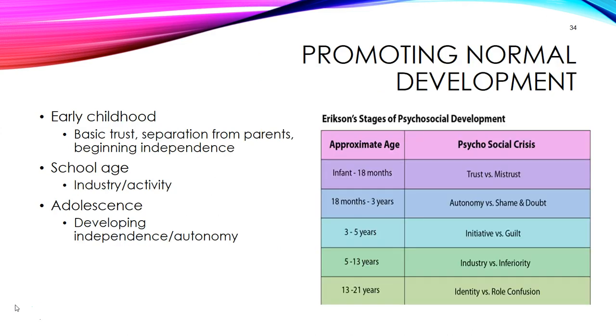So here is a list of the psychosocial stages of Erikson's, just as a reminder. You're going to have to focus on development, determining how to treat the patient and what to focus on based on their stage of development. A lot of it is going to be independence, especially once you get to that school age group, and then in adolescence, that's going to go even further.